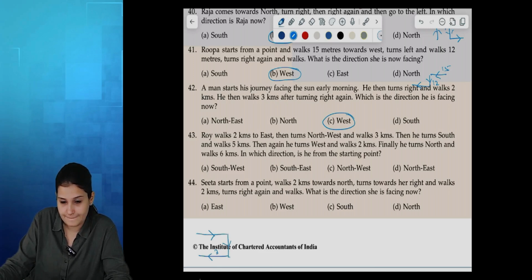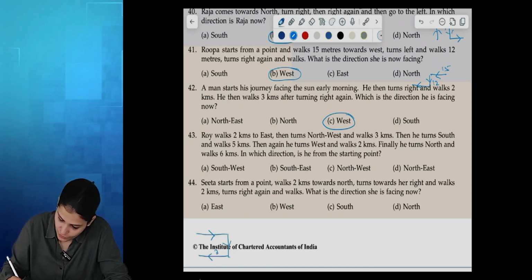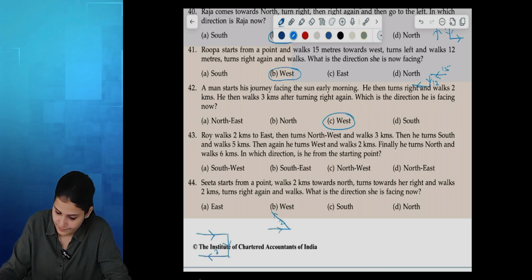43. Northwest. Roy walks 2 kilometers to east, then turns northwest and walks 3. He then turns south and walks 5. South means straight down.